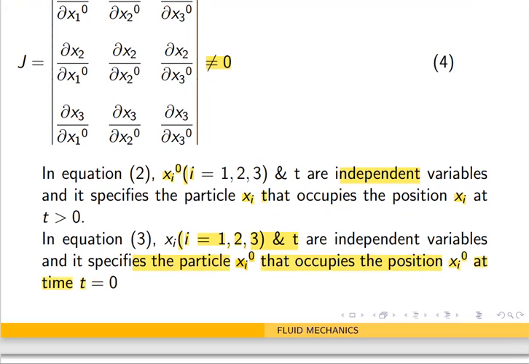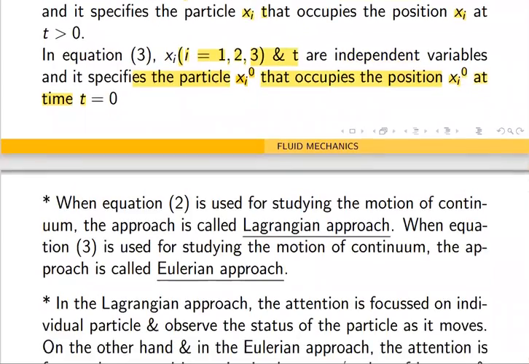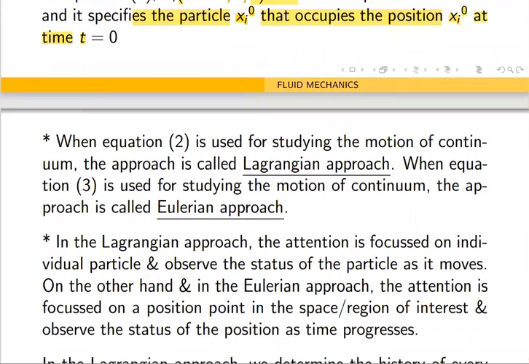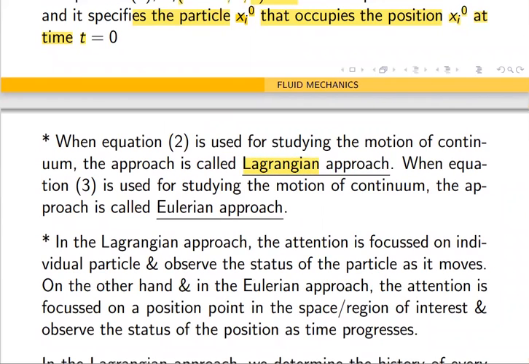When equation 2 is used to study the motion of the continuum, that approach is called the Lagrangian approach. When equation 3 is used, the approach is called the Eulerian approach. In the Lagrangian approach, the attention is focused on the individual particle and we observe the status of the particle as it moves.